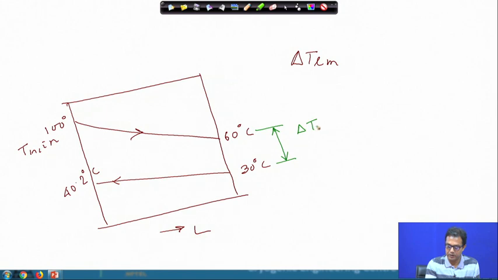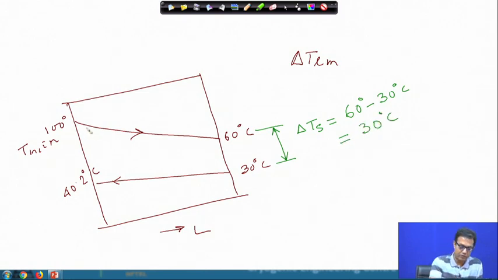So, here this is the delta T, say the smaller one, we can understand this is the smaller one. This is nothing but 60 minus 30 degree centigrade. So, it is 30 degree centigrade. What about this one? This is the delta T large.